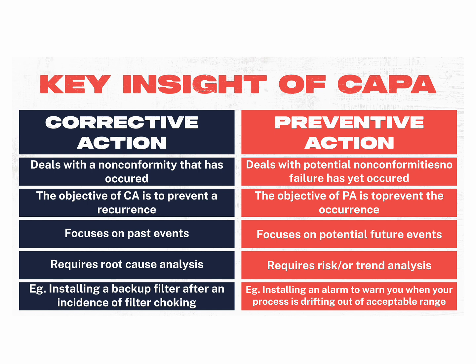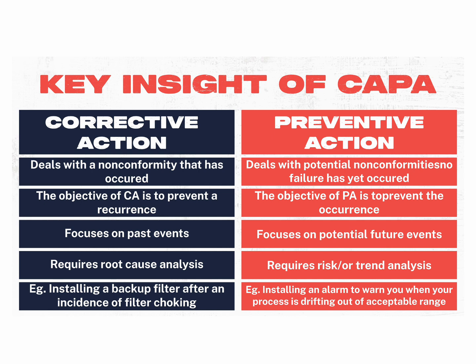We can also talk about the objectives of corrective action that are to prevent a recurrence, but the objective of preventive action is to prevent the occurrence. The corrective action focuses on past events. The preventive actions focus on potential future events. Corrective actions require root cause analysis. Preventive actions require risk or trend analysis.